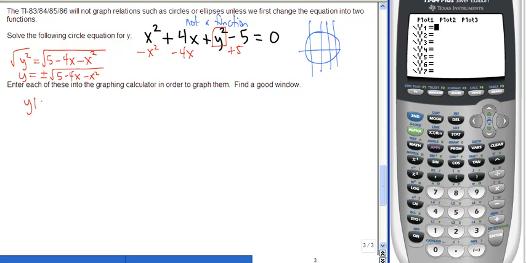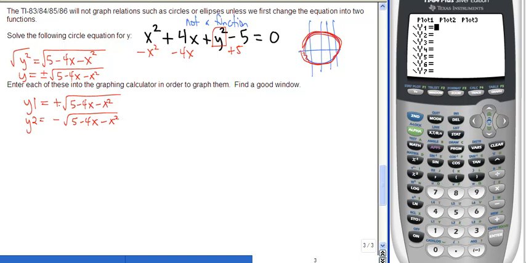In y1, we're going to let this be the positive square root, which is going to turn out to be the top half of our circle. And then we're going to let y2 be the negative square root, which is going to give us the bottom half of our circle. And by graphing both of them simultaneously, we'll get the full circle.